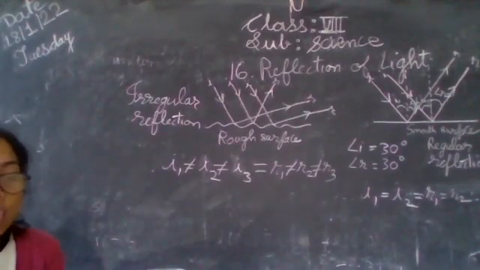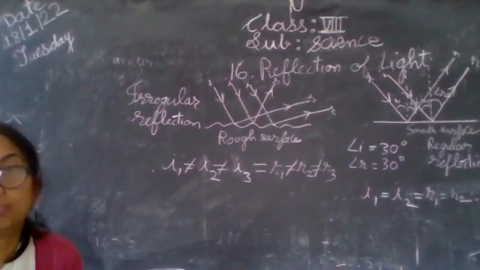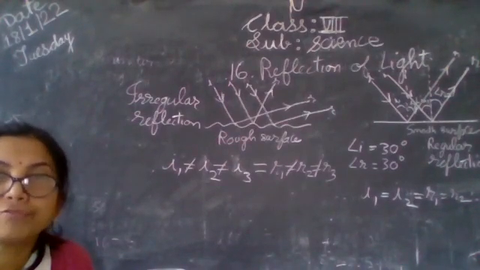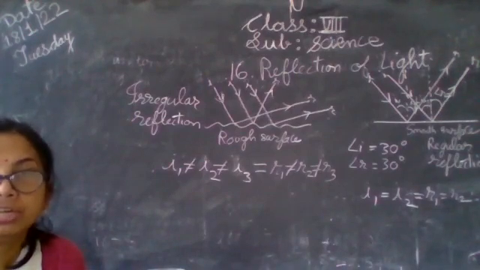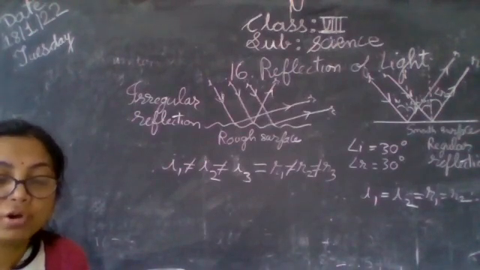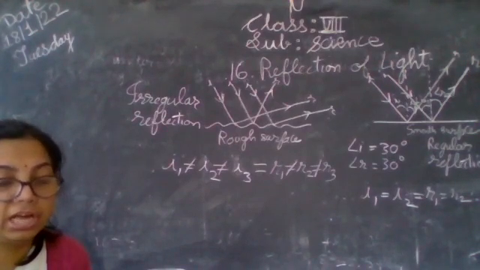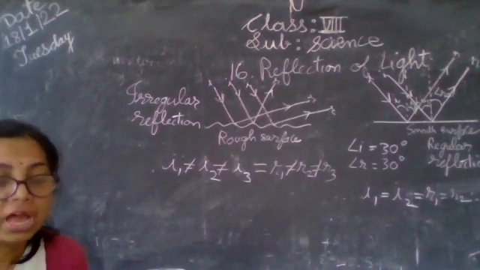Okay? And the laws of reflection are followed. Very important thing to note down: the laws of reflection that we have studied are followed in both regular as well as irregular reflection.